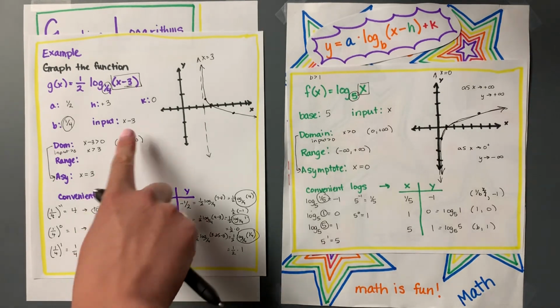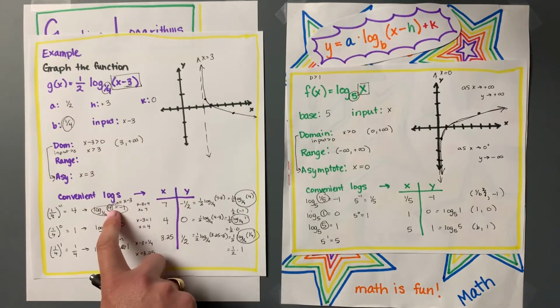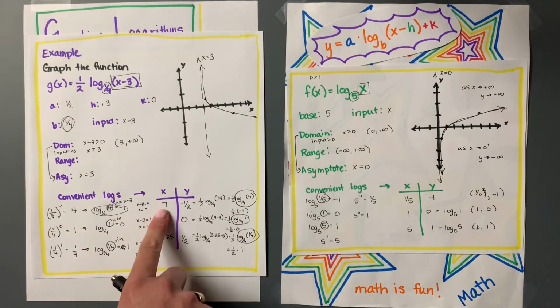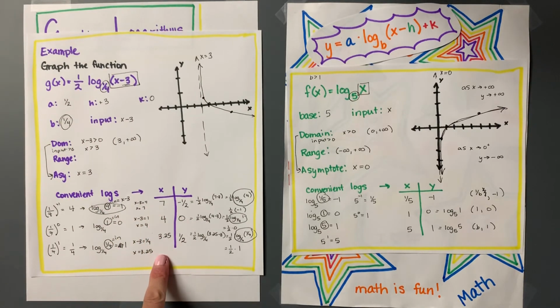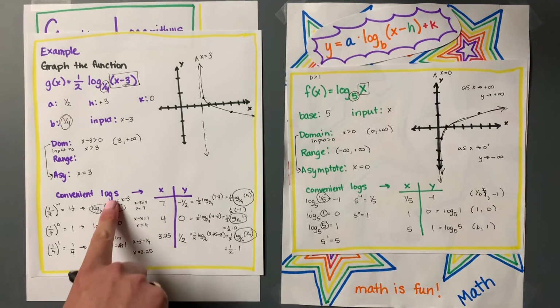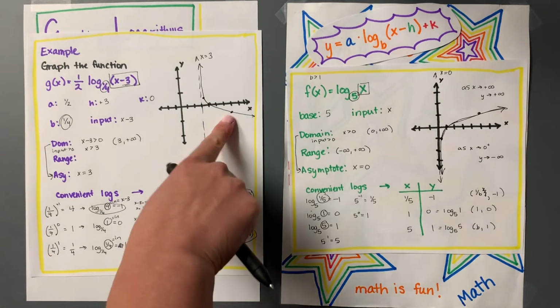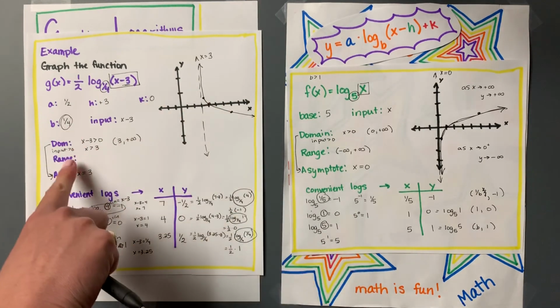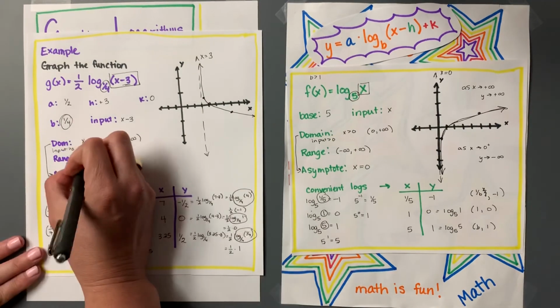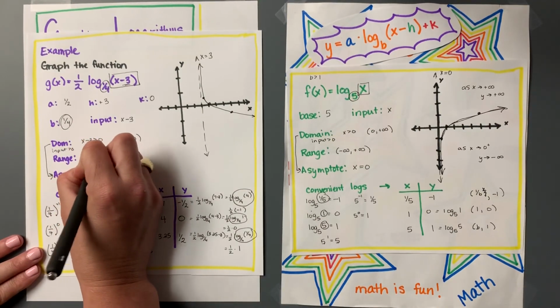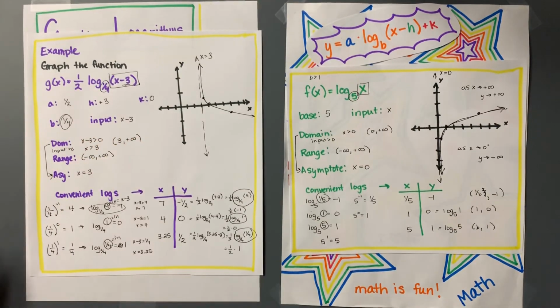We're then going to use our input with these logarithmic expressions to figure out what x should be. And then we're going to use these convenient logarithmic expressions to help solve for what y should be. And then we're going to graph it. My range here is going to be from negative infinity to positive infinity.